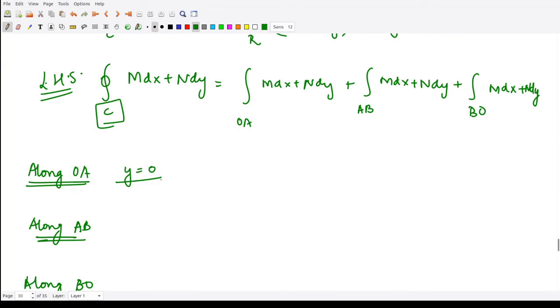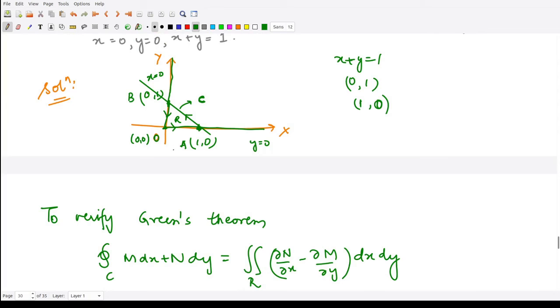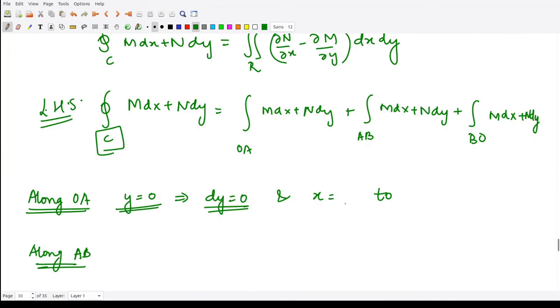From this you also have dy is equal to 0, and because y remains the same, the limits for x vary from 0 to 1.